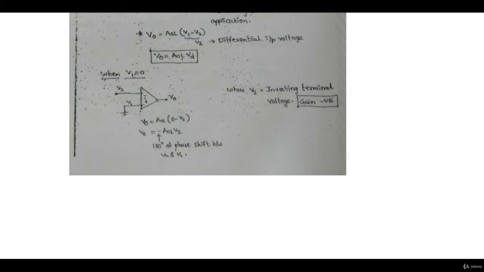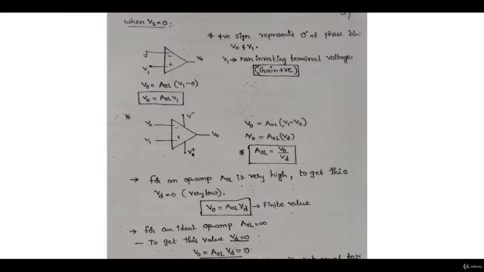Now let's look at when V2 is equal to 0, that is V2 is ground and V1 is applied. At this point you will have V0 equal to AOL V1, because V2 is 0, so you are getting positive gain, and V1 is the non-inverting terminal, because the gain is not inverting.